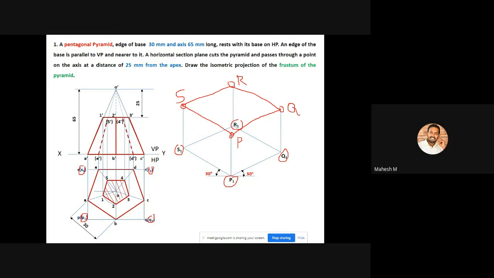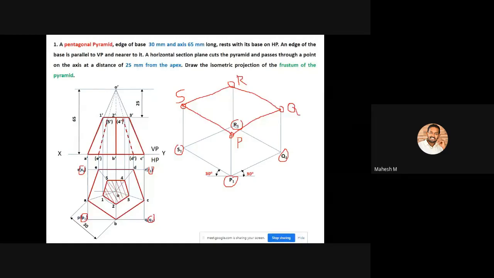So now this is our square prism. So in this square prism, we have to convert this diagram into a pentagonal frustum of pyramid.